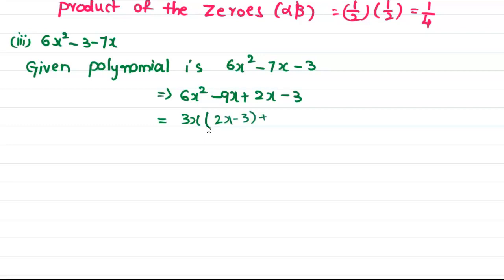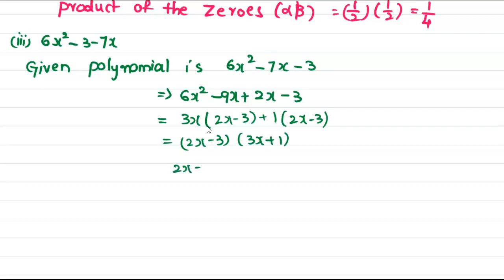So here we have to take the plus 1 common. So here also 2x minus 3. So from this polynomial we have to take 2x minus 3 common again. So remaining is 3x plus 1.